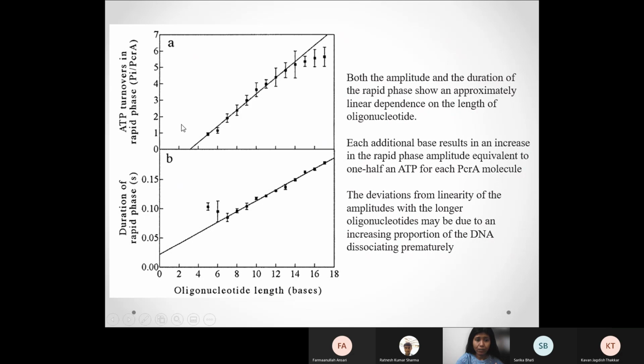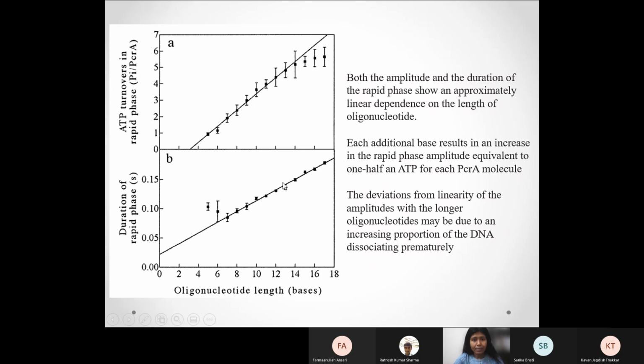Apart from the first few anomalous data, for 4 or 6 nucleotides, where they could not get this kind of linear relationship, maybe because 2-4 nucleotides is just too short, maybe the helicases attach and detach very quickly, or maybe they proceed. There are some errors if you consider very short oligonucleotides, but if you remove those, throughout the rest you see again a linear relationship.